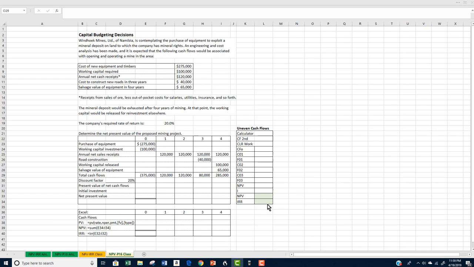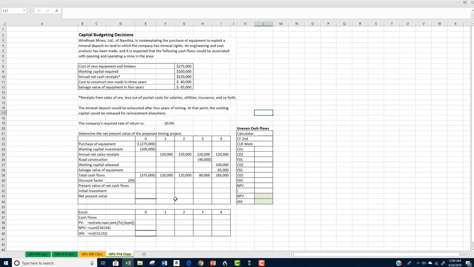The cash flows for this purchase are uneven. Since cash flows are uneven, it's best to prepare a cash flow schedule and determine the present value of each year's cash flows separately. Once the present values are determined, sum each year to calculate the total.